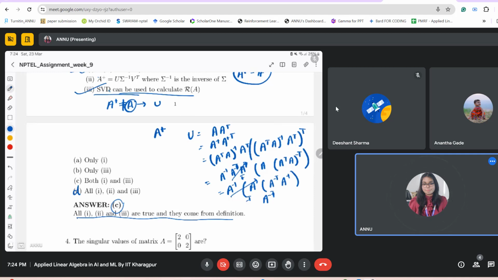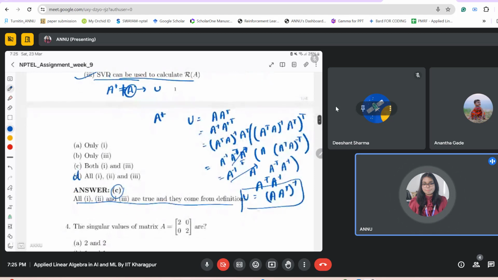Here the B transpose will be coming. This is A transpose inverse, and transpose power transpose. It will be negative. So here it should be like this. What I got is A transpose inverse A inverse, which I can write as (A transpose) whole inverse. So what I got for U of A positive is this one.